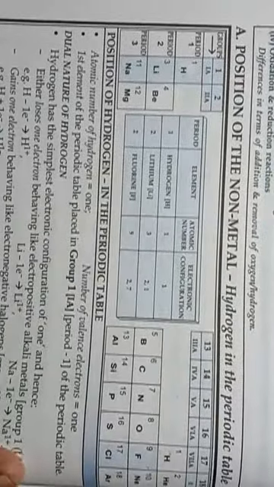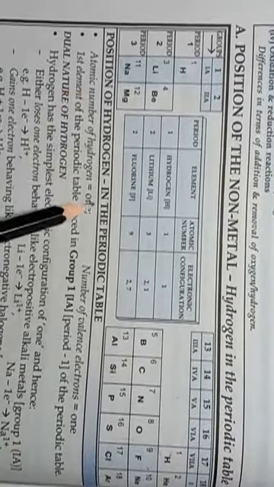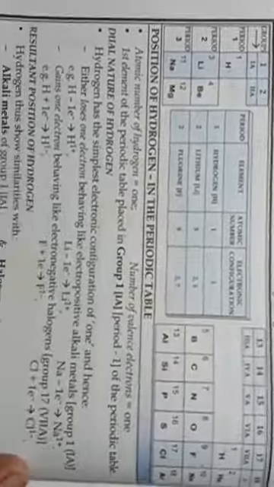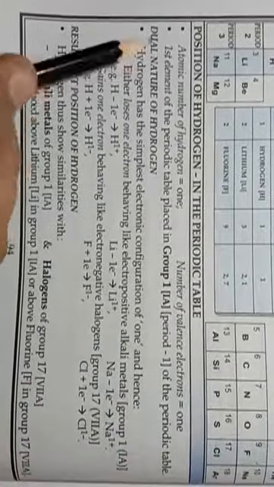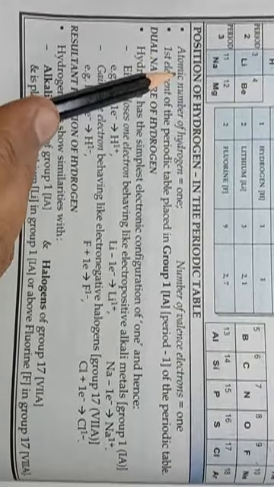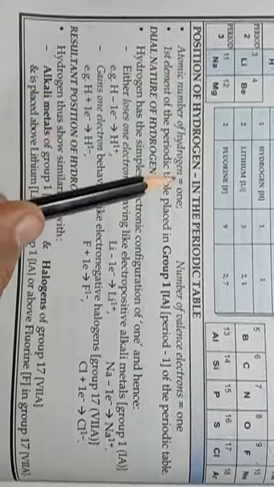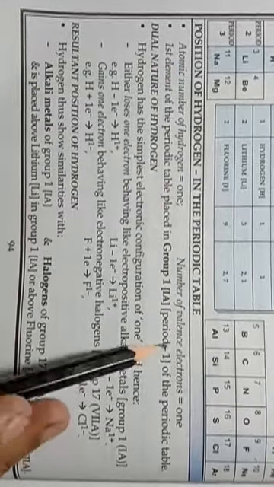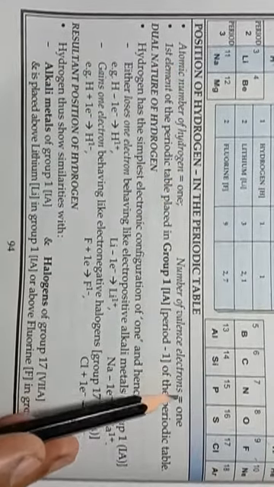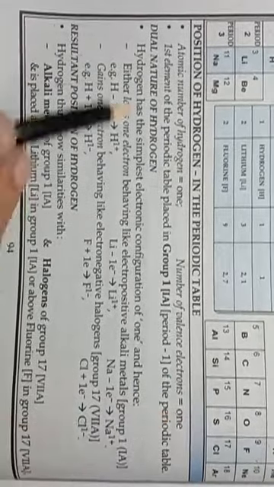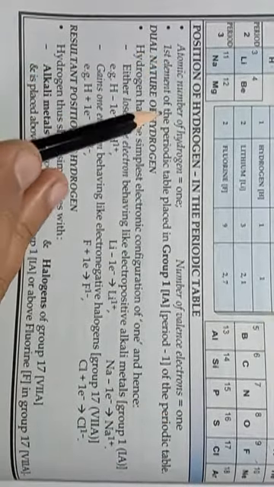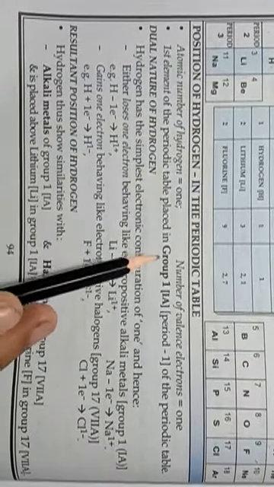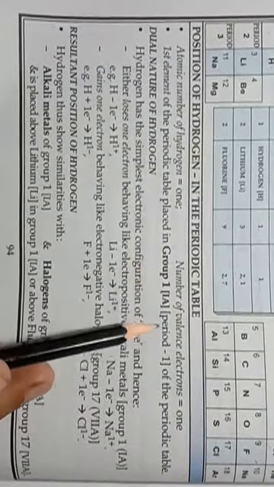The next heading is position of hydrogen in the periodic table. As I have already told you, atomic number of hydrogen is 1 and number of valence electrons is also 1. So it is the first element of the periodic table, placed in group 1, period 1.